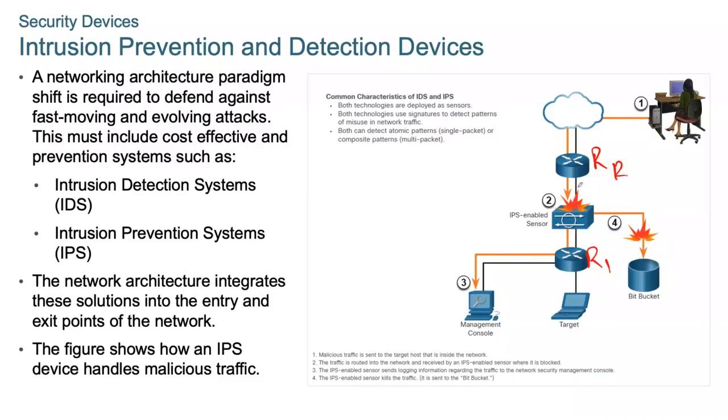So your intrusion prevention or detection system exists between the exit and entry point. Where are you going to connect it? To the output port of the edge router of the private network, not the inside port, the output port.